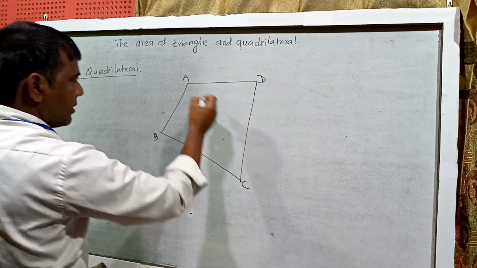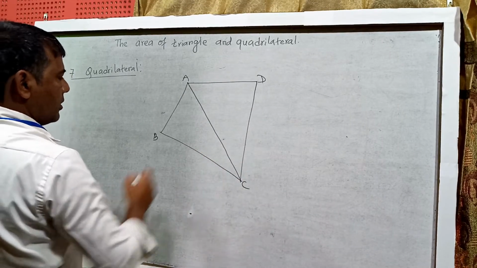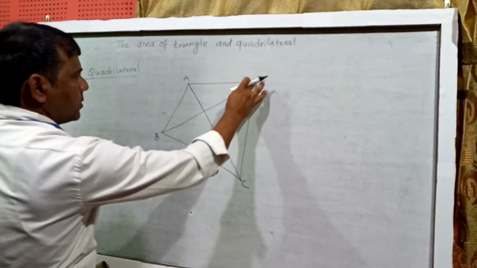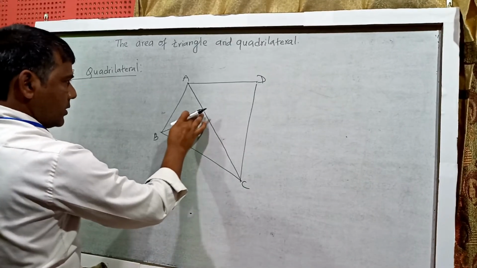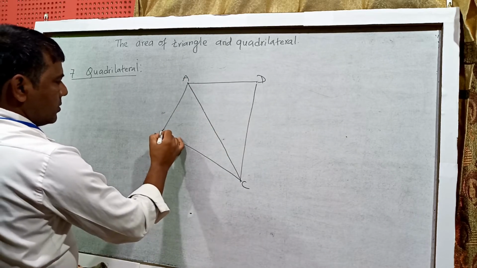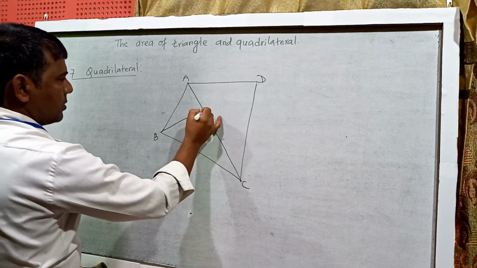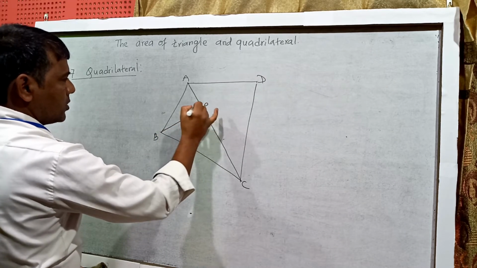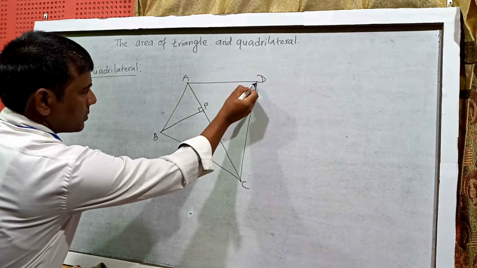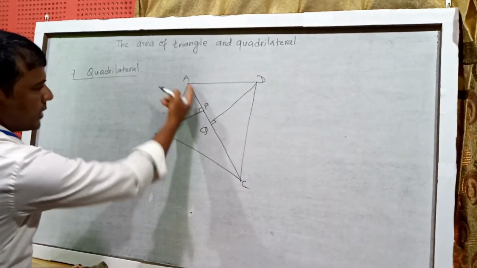In this quadrilateral, AC is a diagonal. BP is a perpendicular on the diagonal AC, and DQ is also a perpendicular on the diagonal AC.